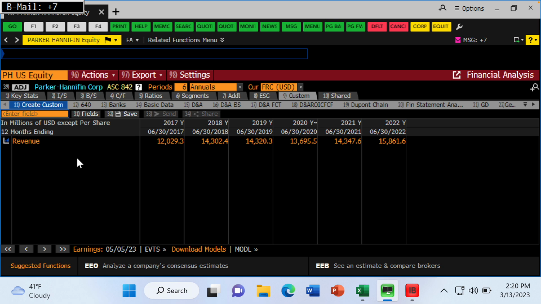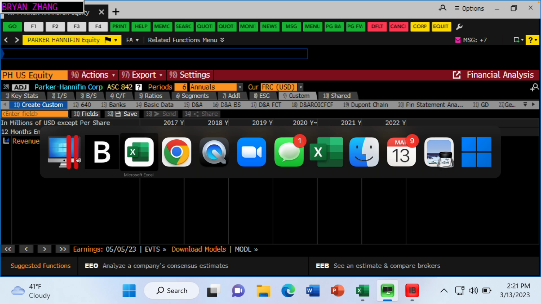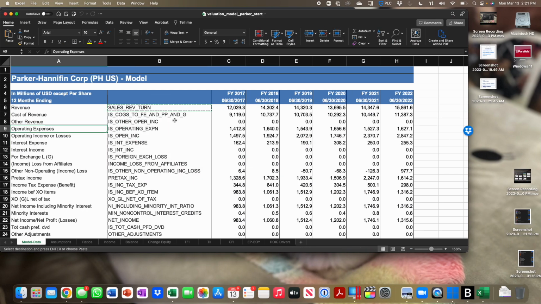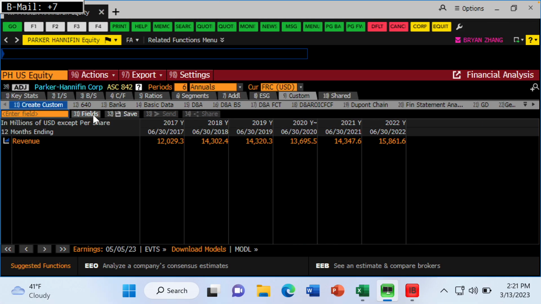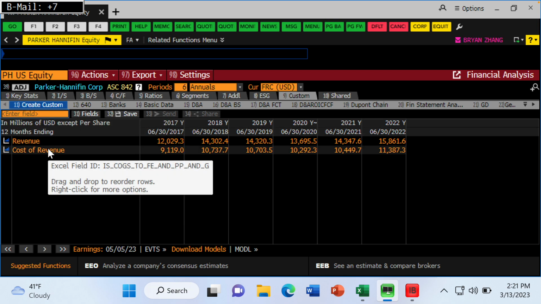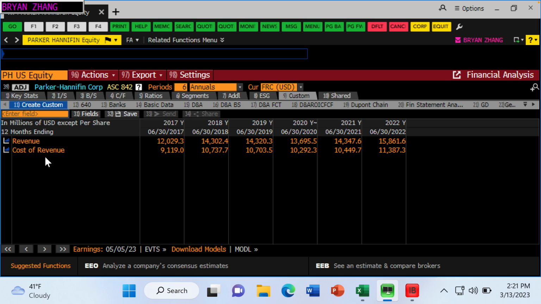Then you're going to go back to your spreadsheet that I just gave you. You're going to go to row 7, take cost of revenue, which is this really weirdly named database field, copy the weirdly named database field in B7, come over here, enter field, paste, select cost of revenue, verify you got the right one, repeat 78 more times.